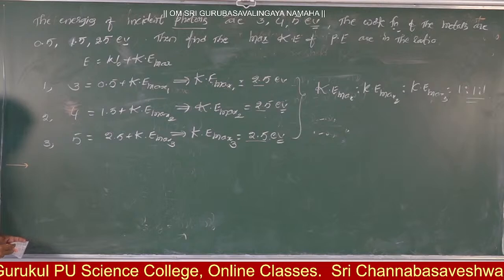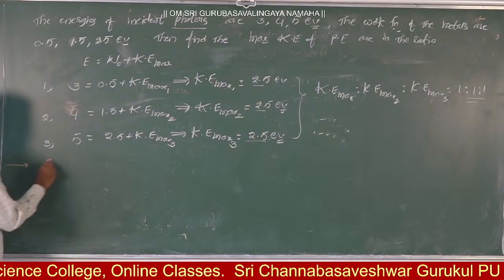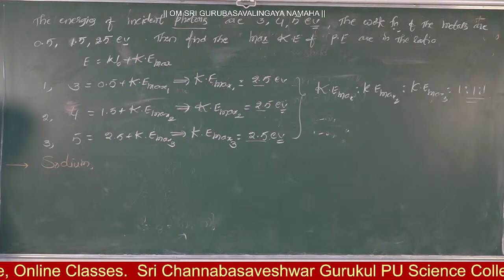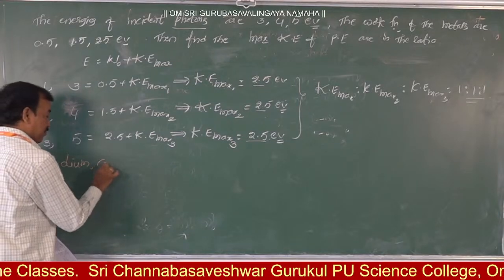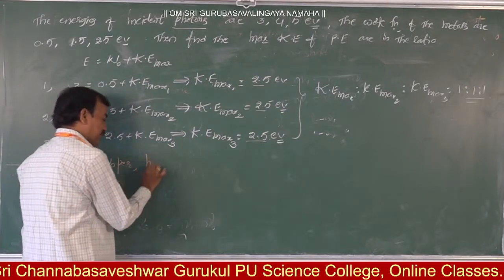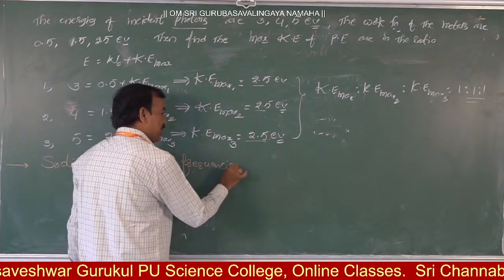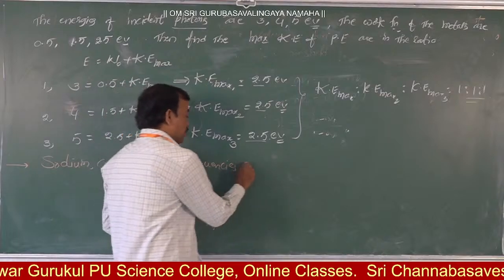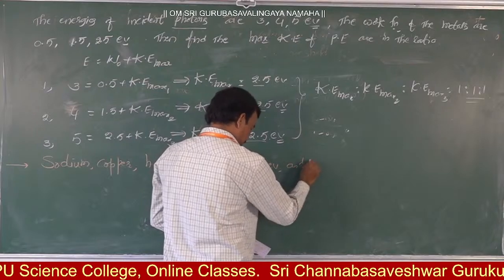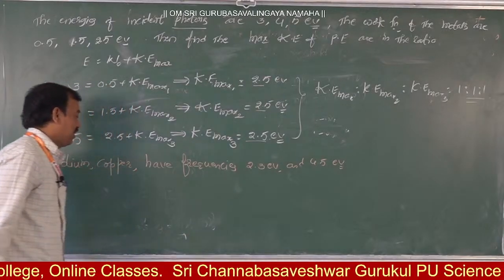Next, sodium and copper have threshold energies of 2.3 electron volt and 4.5 electron volt respectively.